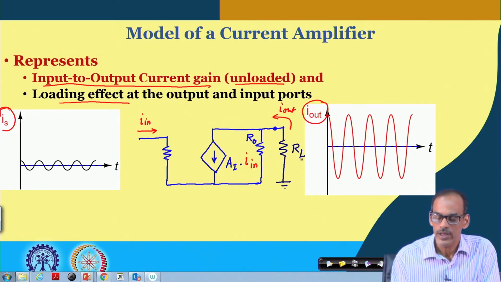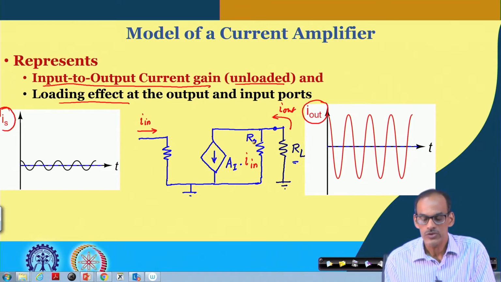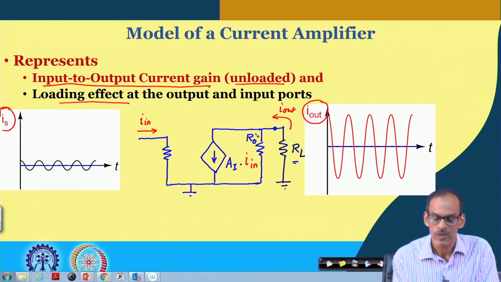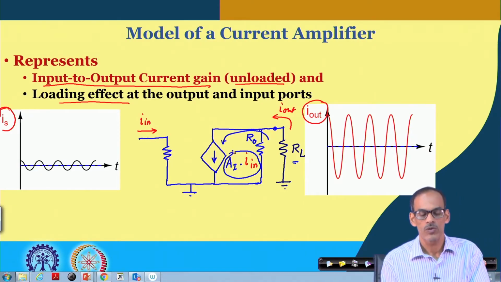So, the moment we connect this R L, the total current gets bifurcated. One part flows through this R L, another part flows through this R O. So, this current and this I out together give the internal current, which is what we call the unloaded current.